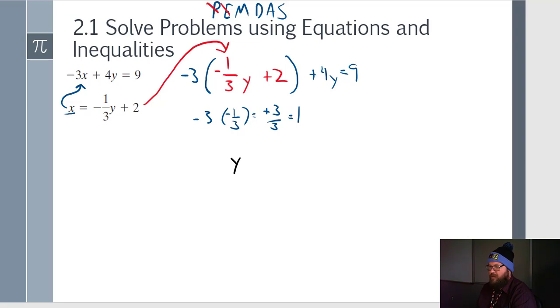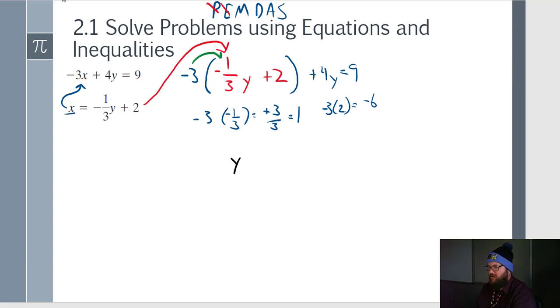And then we're going to say negative 3 times positive 2. Negative 3 times a positive 2 will give us negative 6, okay? Let me do this side. I don't know if you saw right there.